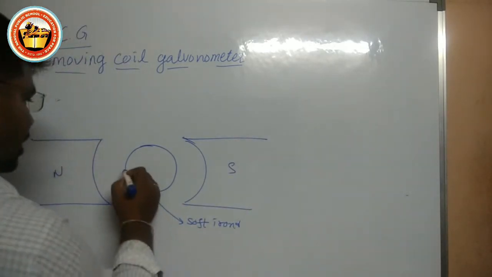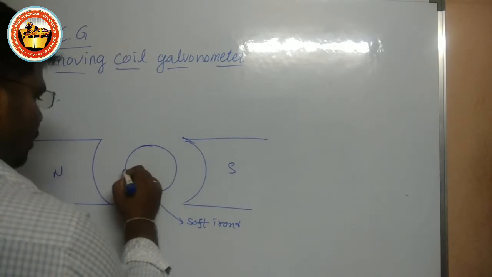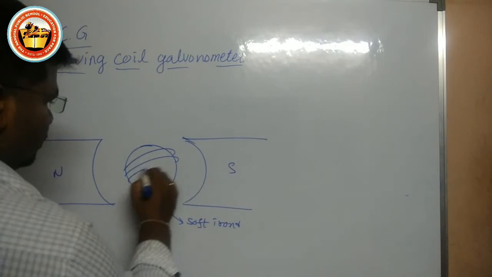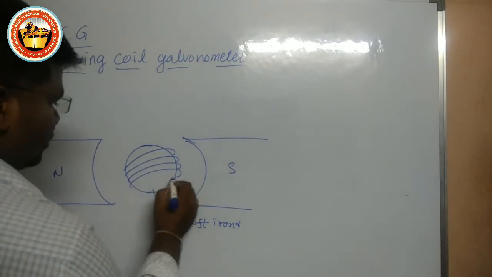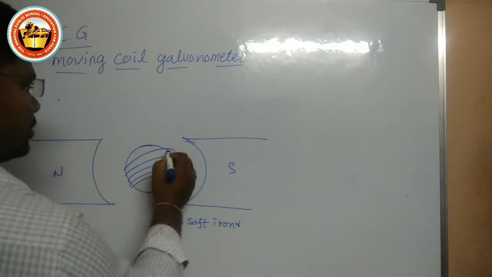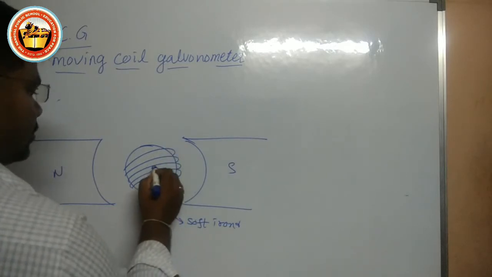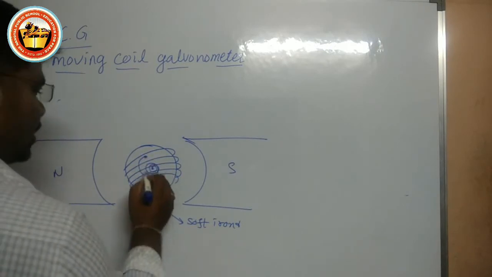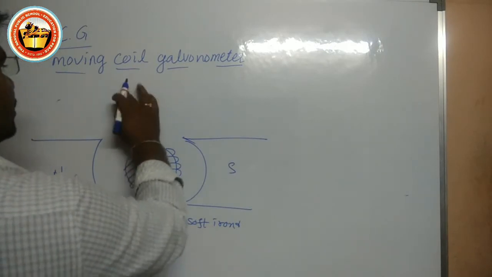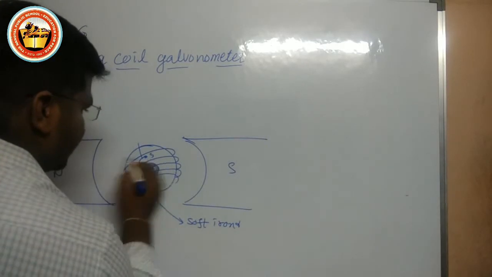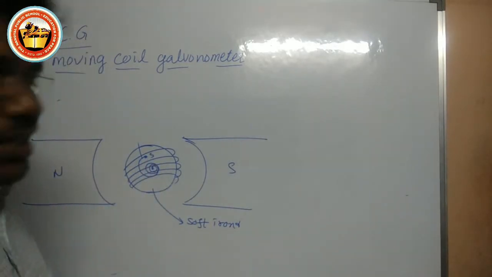Here consider a coil with number of turns. And here we can take one spring. This is the spring, it is denoted S. And this is the coil.